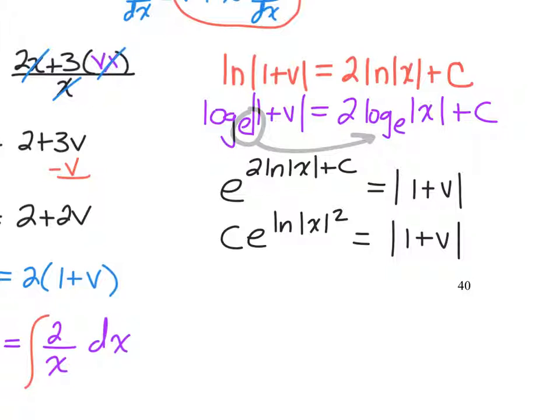Don't do it too soon. The presence of the C here allows you to drop the absolutes on the 1 plus v. The presence of the power of 2 here allows you to drop the absolutes on the x within the natural log. All right. So that's your license. They don't just disappear. It's a common misconception, a disgusting one at that.